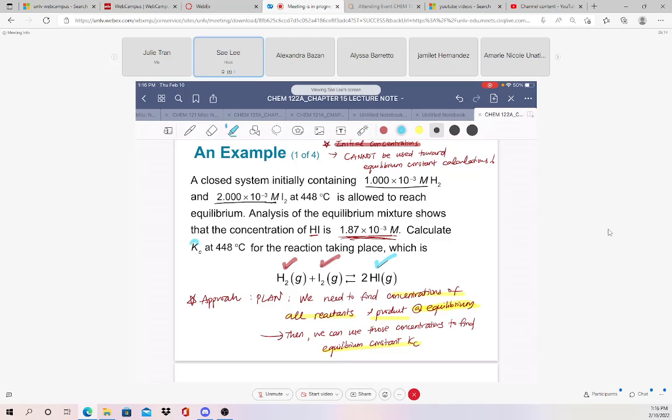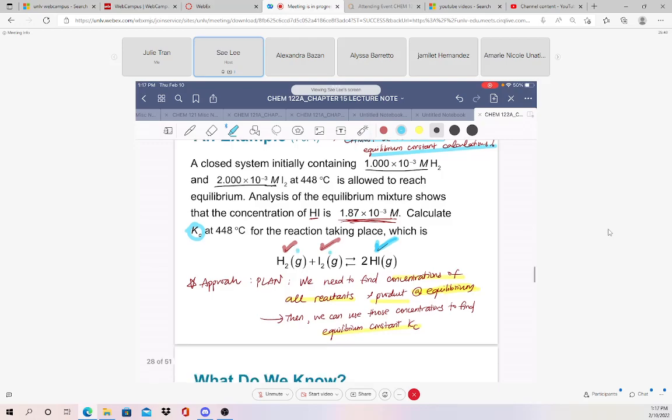And the question was asking us to calculate the equilibrium constant Kc. Again, you cannot use initial concentrations to express the equilibrium constant. You need to have all concentrations at equilibrium in order to find the Kc. So we have the equilibrium concentration of the product, so that's good. But we don't have these two, so we need to find these two. That's what we're going to be doing.